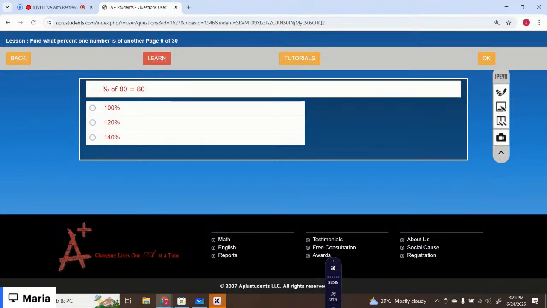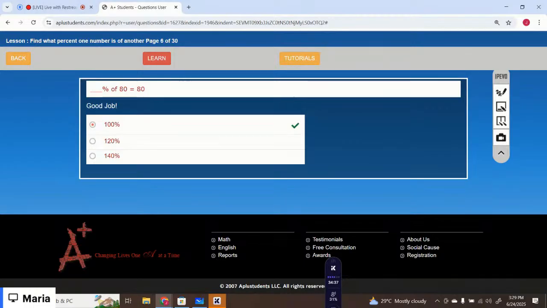What percent of 80 equals 80? Which is the correct option? 100% of 80 is 80.